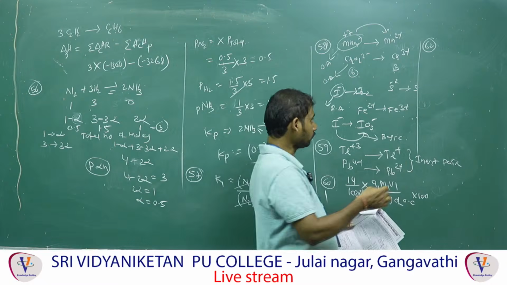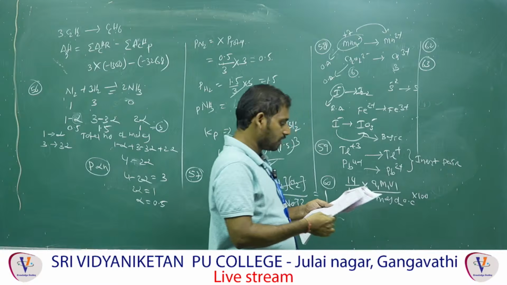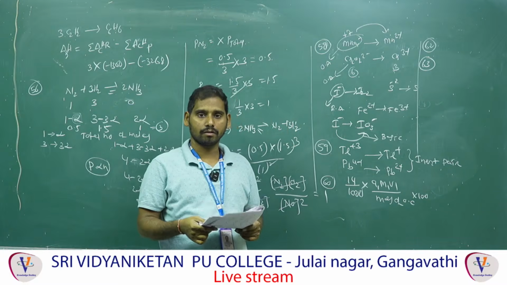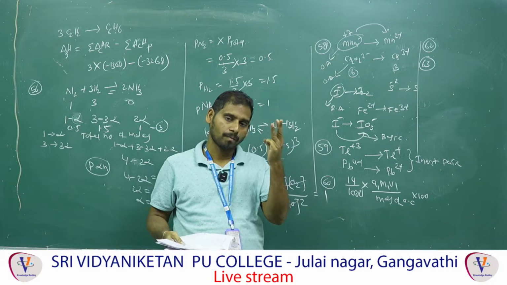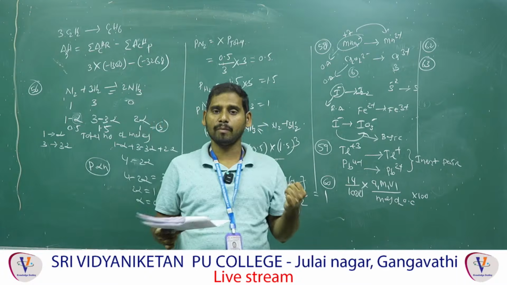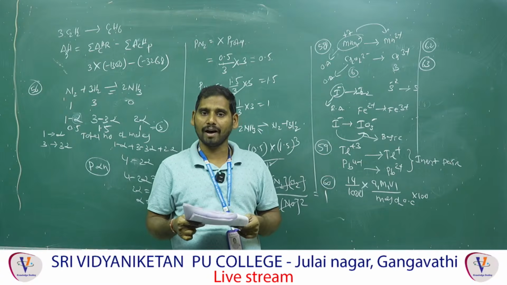That's all. 63. This is about chain propagation steps in the free radical mechanism, that means chlorination of methane, in the alkane chapter. Three steps are there: chain initiation, chain propagation, chain termination. Termination means all free radicals join to form an alkane.